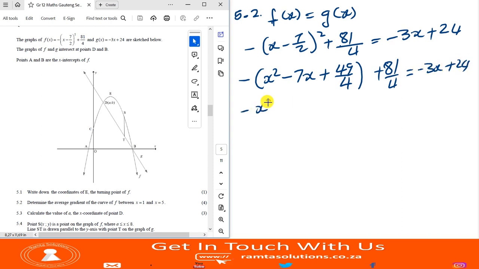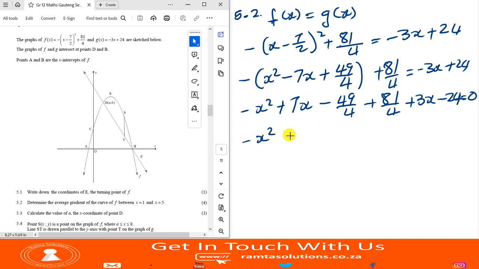So this is negative x squared plus 7x minus 49 over 4 plus 81 over 4 plus 3x minus 24 equals 0. All right, now further simplification, we have negative x squared plus 10x, and 49 over 4.